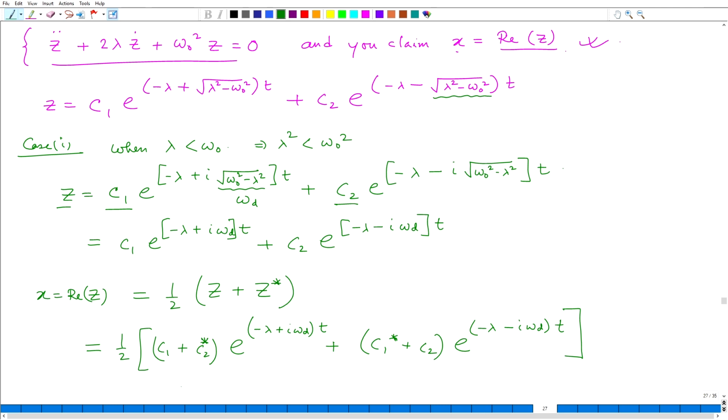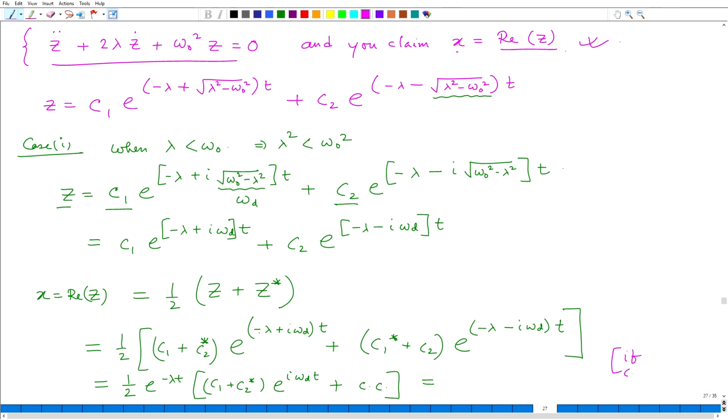Now, if you do this again carefully, you will see that you have a half. This e to the minus lambda t is a real quantity, so it can come out. Within the bracket you will have c1 plus c2 star times e to the I omega d t, plus the complex conjugate of this thing.